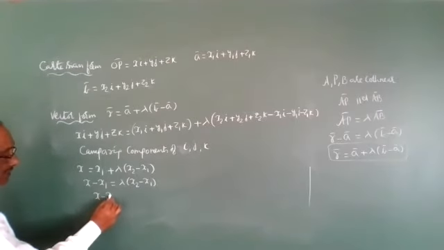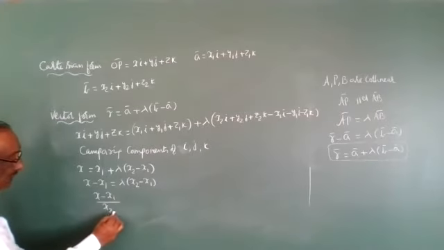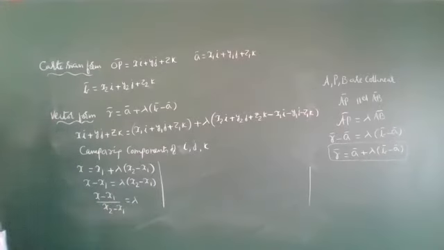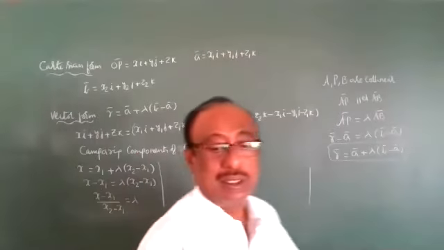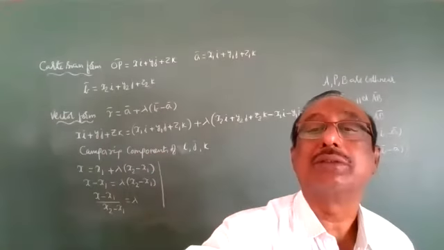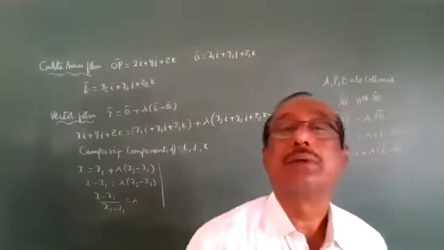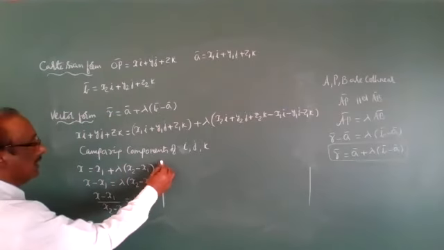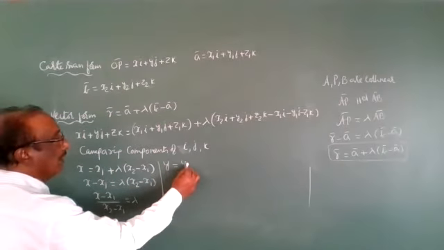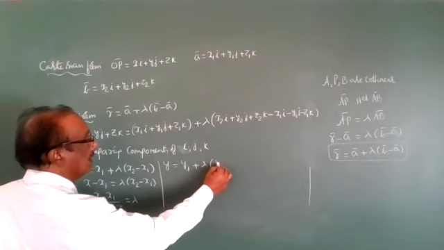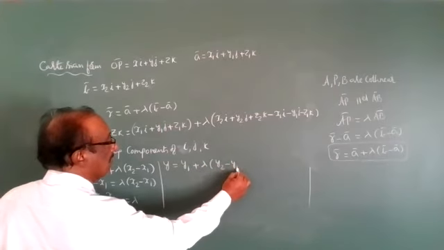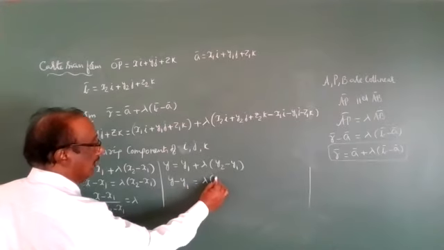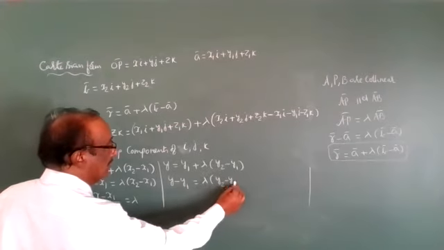Thus x minus x1 by x2 minus x1 is equal to lambda. Comparing the j coefficients, y is equal to y1 plus lambda into (y2 minus y1), so y minus y1 is equal to lambda into (y2 minus y1).